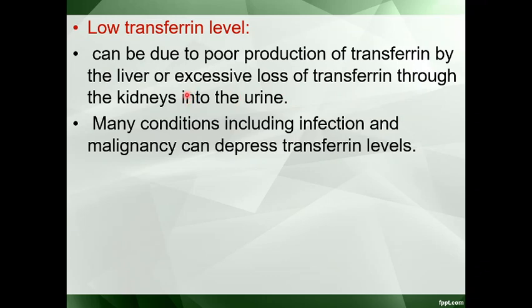So there are two factors which can lead to a low transferrin level: number one, poor production of transferrin by the liver, and number two, excessive loss of transferrin in urine. Many conditions, including infections and malignancy, can depress the transferrin level.